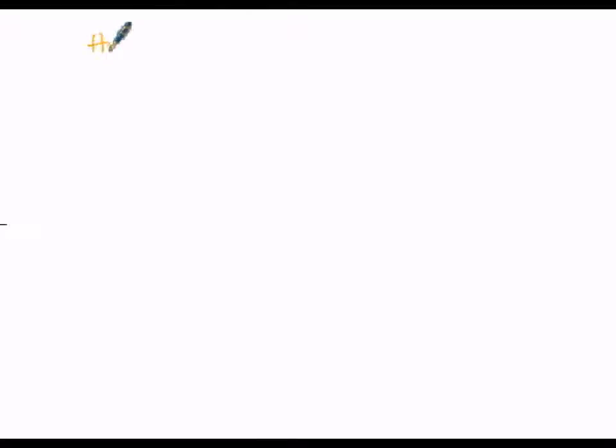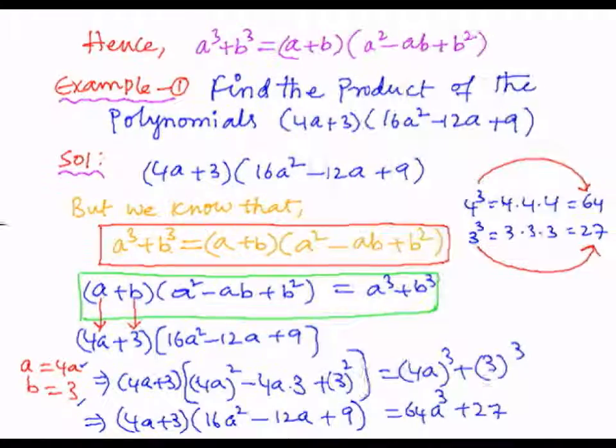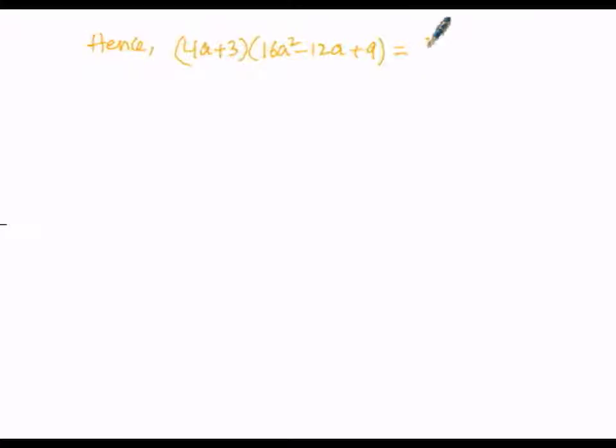Hence the product of 4a plus 3 and 16a square minus 12a plus 9 is 64a cube plus 27. Similarly, let us go for the second one, the second derivation.